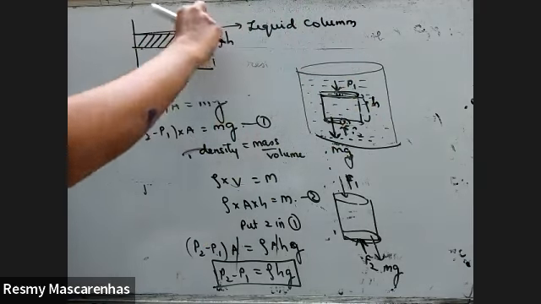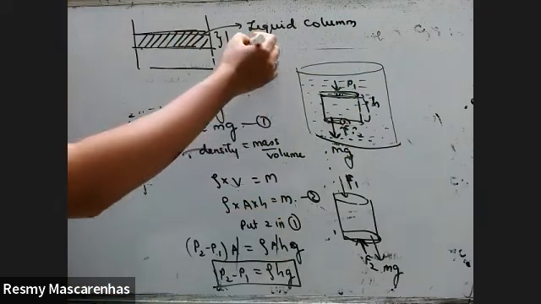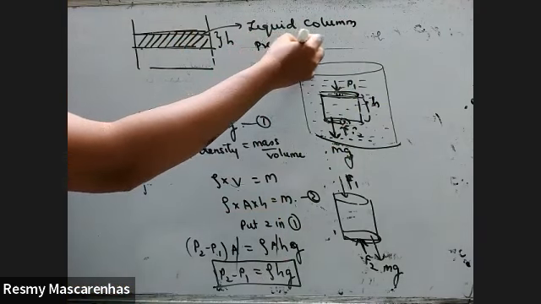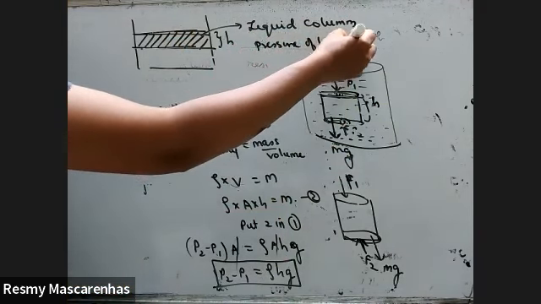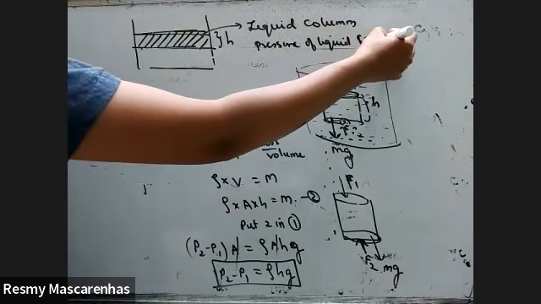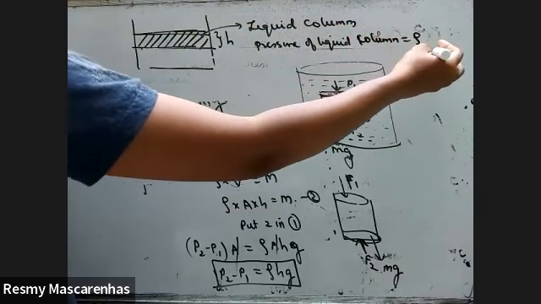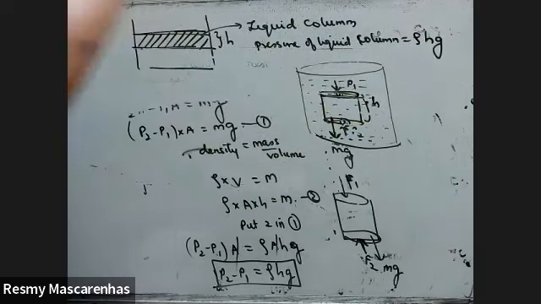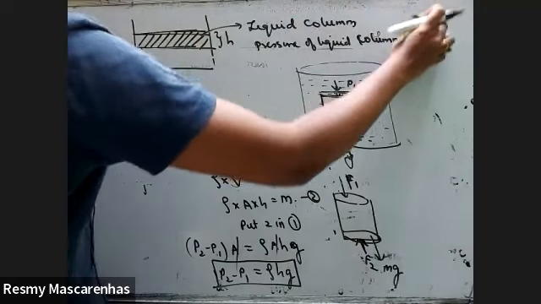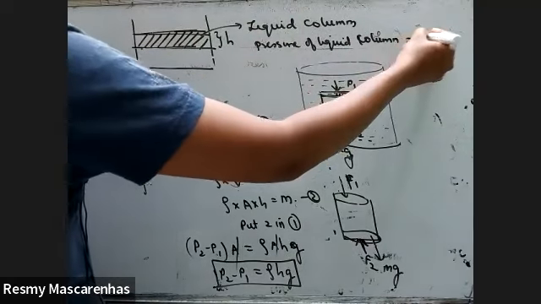So this liquid column will always have some pressure. The pressure of a liquid column is always equal to rho h g or rho g h, whichever side you want to write, no problem.